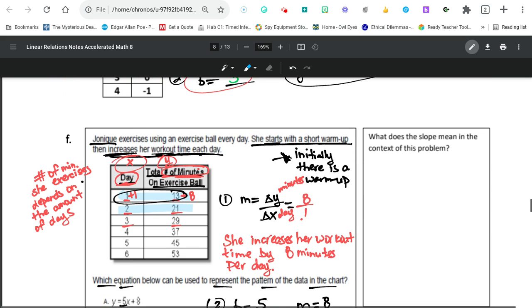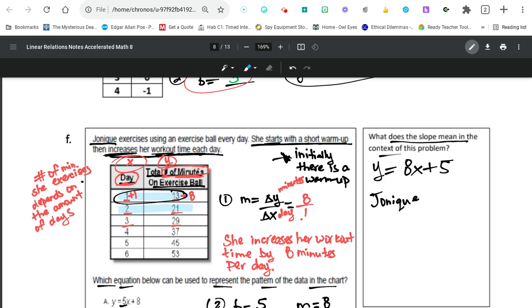So when you have this equation, y equals 8x plus 5, I could put Jonique, because it says, what does the slope mean in the problem? Okay, I'm going to write the whole equation. What does the whole equation mean in terms of m and b?